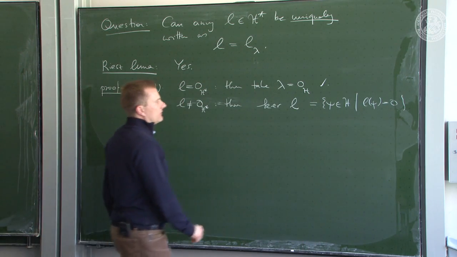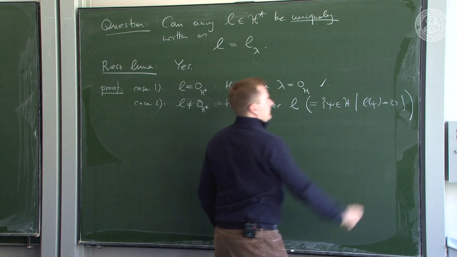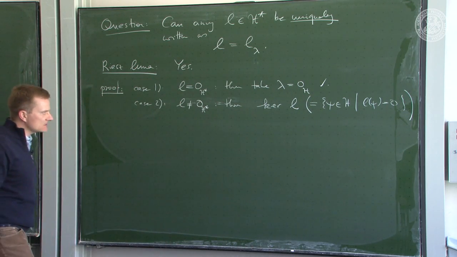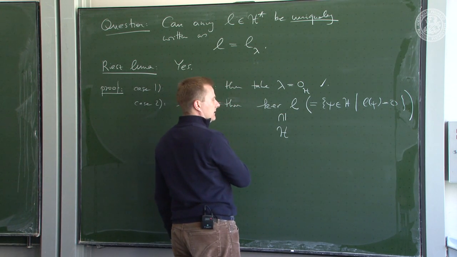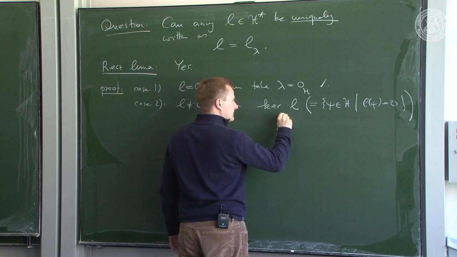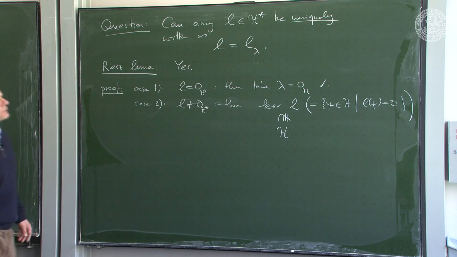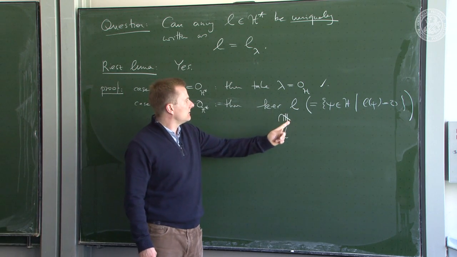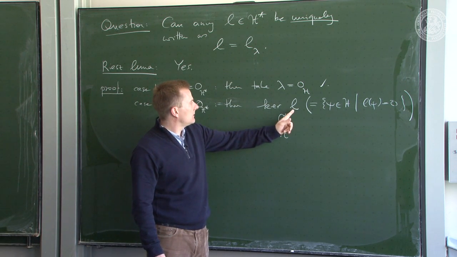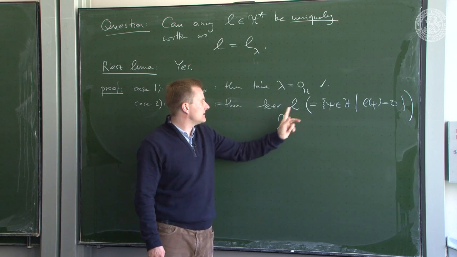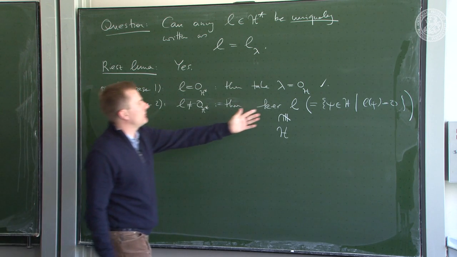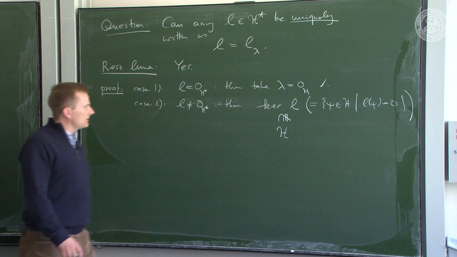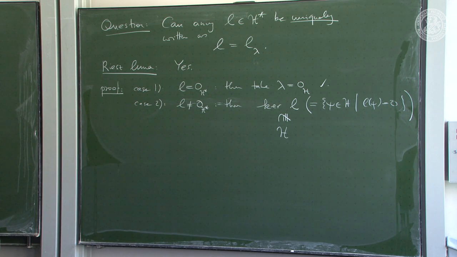The kernel, being defined like this, is of course always a subset of the domain, but in that case it's certainly a proper subset, because there are some psi that are not being sent to 0, because otherwise all the psi would be sent to 0, and then this would be the 0 map.